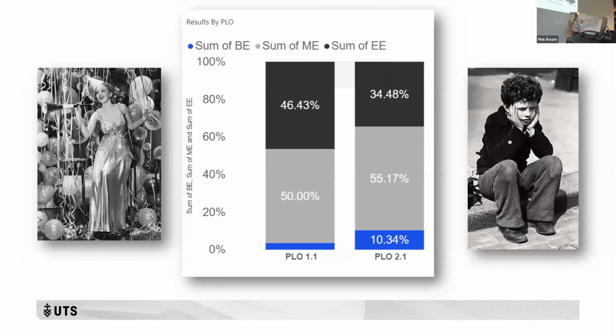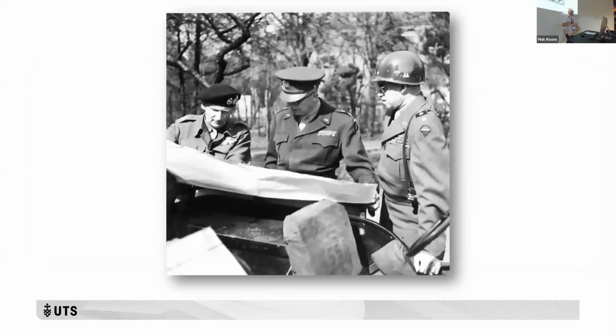That then allows us to look a bit deeper. So for PLO 1.1 in this program, which is problem solving, we're celebrating this. We think our students are doing really well. But we've got 10.34% of students falling below expectations in PLO 2.1, which is communication. That gives us an idea that something might be wrong.